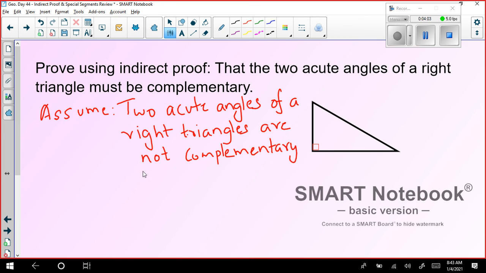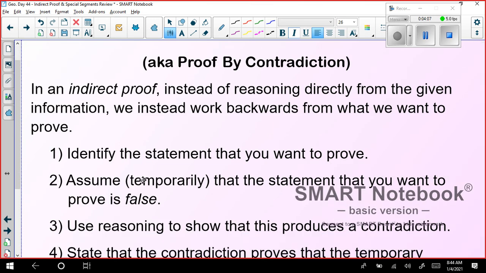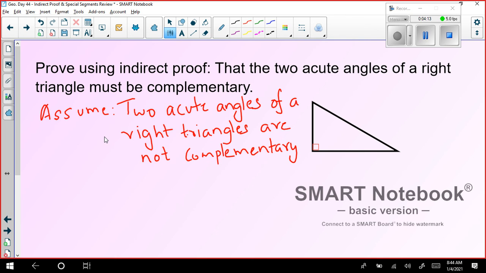Then the next step: use reasoning to show that this produces a contradiction. This was our second step, and in the third step we will have several things which will end up showing that this particular assumption is false. So we will start with this particular triangle.